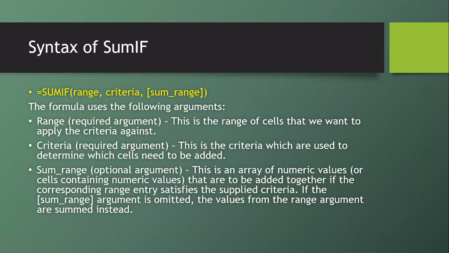Criteria is the condition, greater than 1000, red color, blue color, something like this. And then you have another, called sum_range, an optional argument. This is an array of numerical values, cells containing numerical values that are to be added together. If this is not given, the original range is considered as what has to be summed. Don't worry, we'll do a practical example that will give you a better view of how to start.